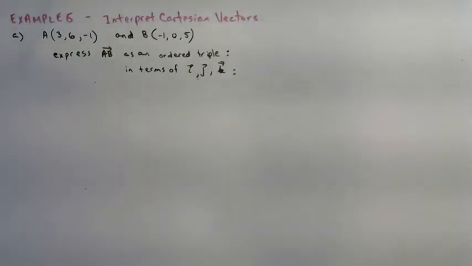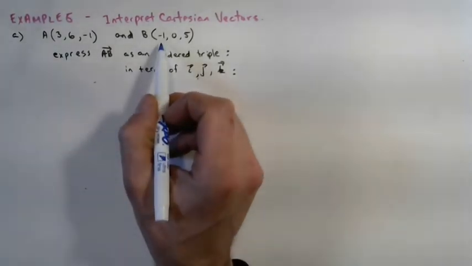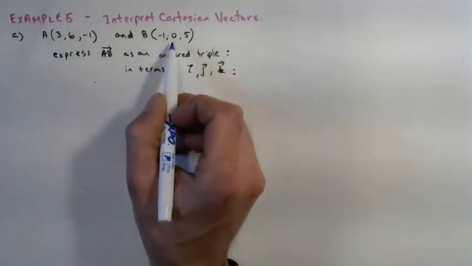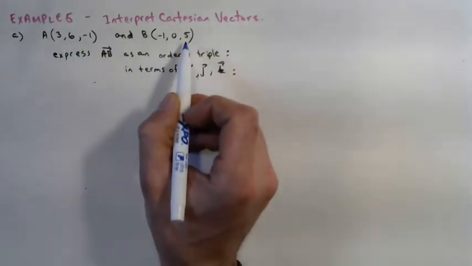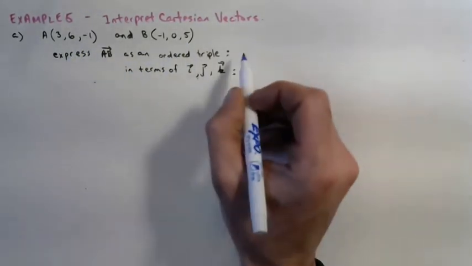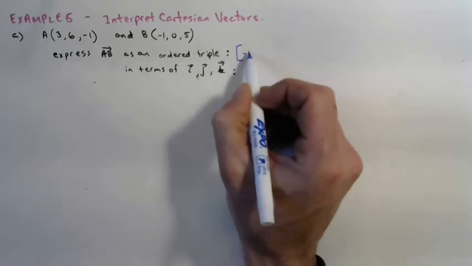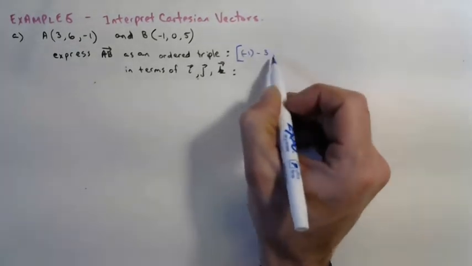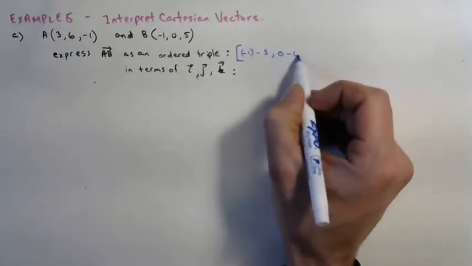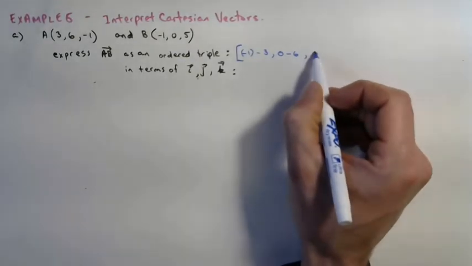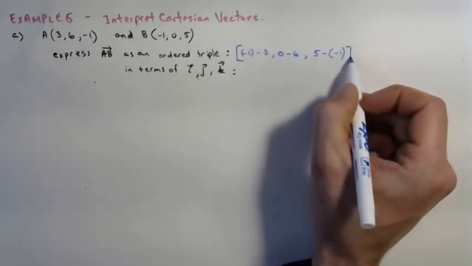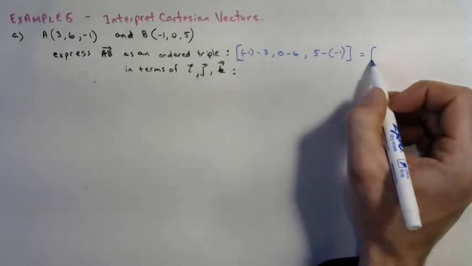So that looks like this. So we are going to take x2 minus x1, y2 minus y1, and z2 minus z1. Looks like this: negative 1 minus 3, comma, 0 minus 6, comma, 5 minus negative 1. Close it off. Reduce.